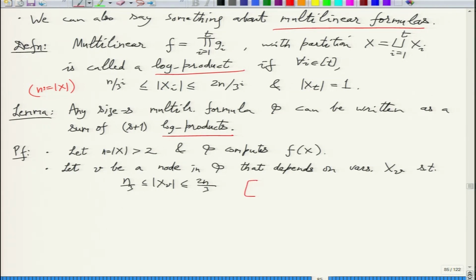So why will this v exist? Well, xv greater than or equal to n by 3 is clear, because you are going from one variable to n variables. So at some point you have to cross n by 3. But why this upper bound of 2n by 3?